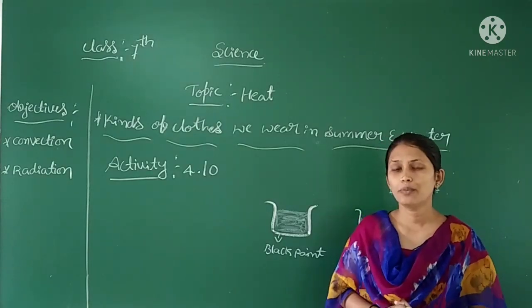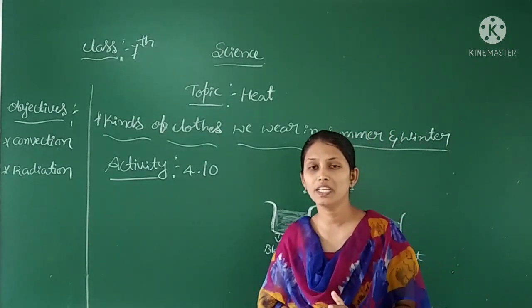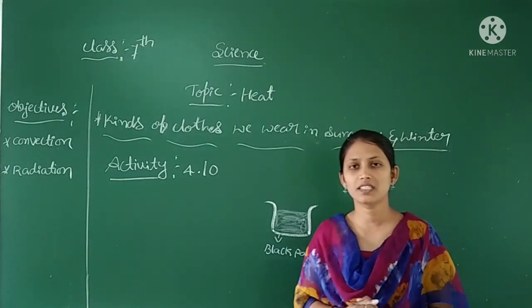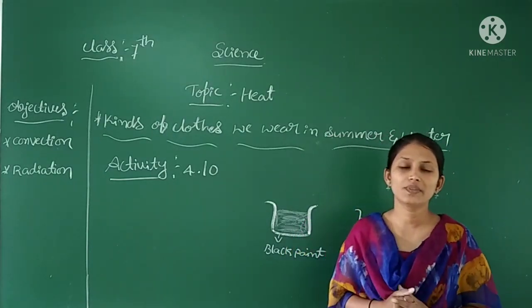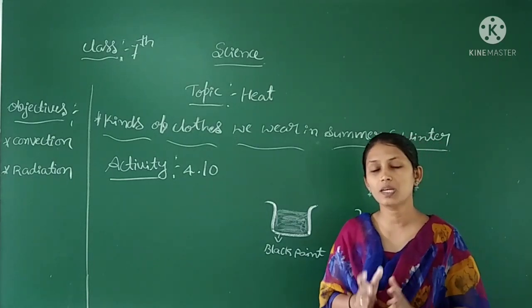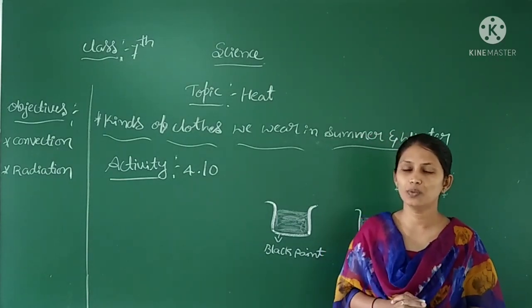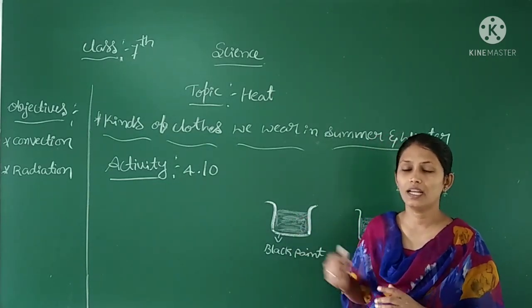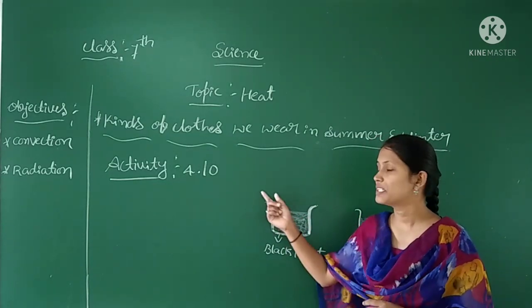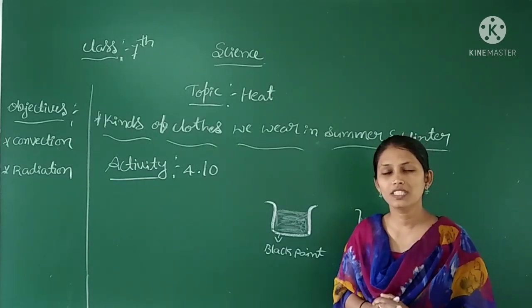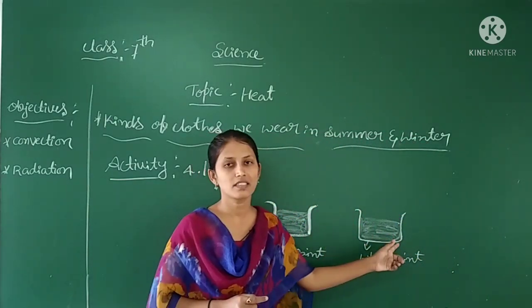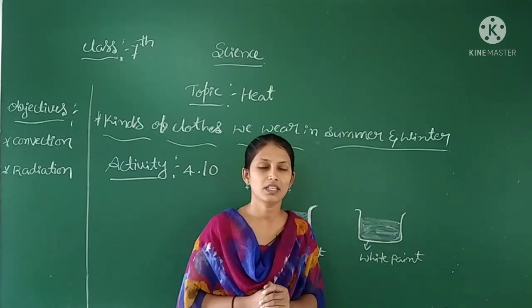Dear children, you might have seen that we prefer wearing different varieties of clothes in different seasons. Then what kinds of clothes do we wear during the summer season and during the winter season? Now let us discuss this with an activity, activity 4.10. To do this activity we need two identical tin cans and water.